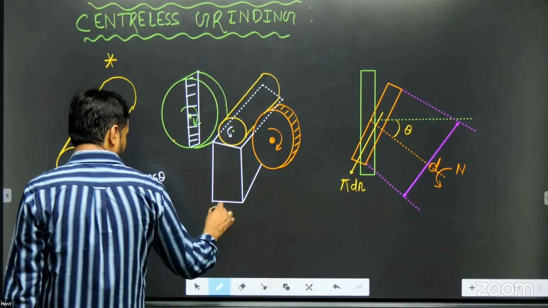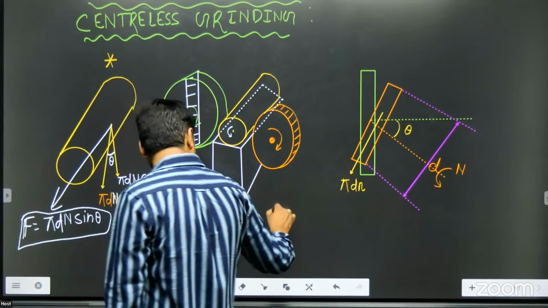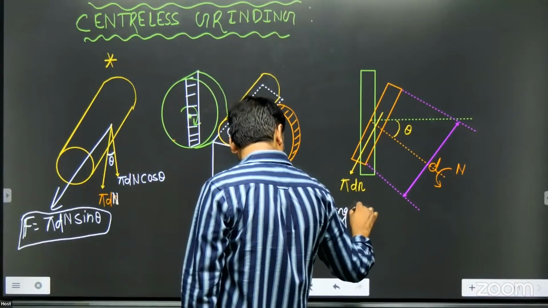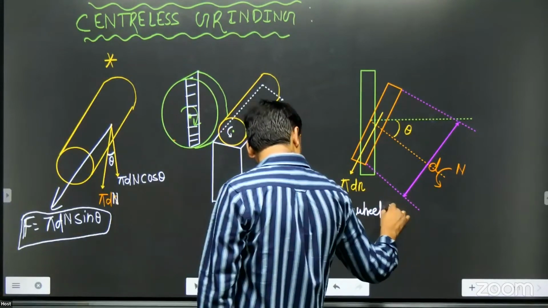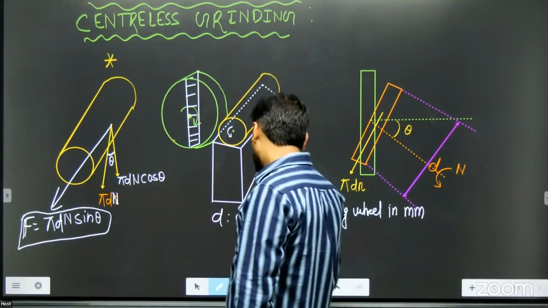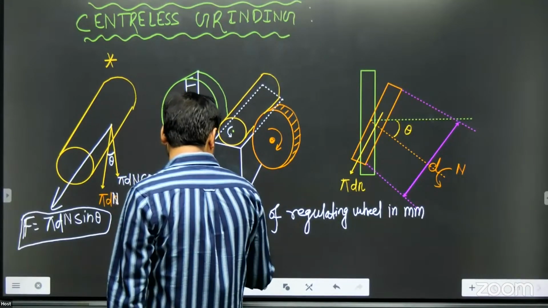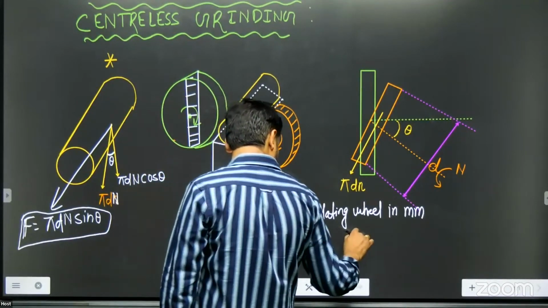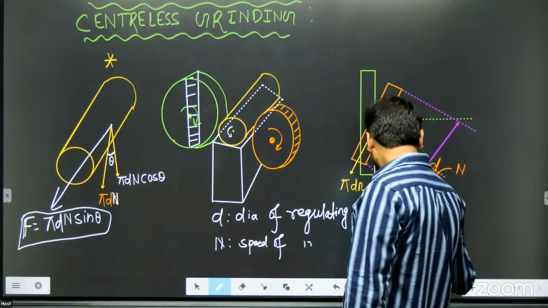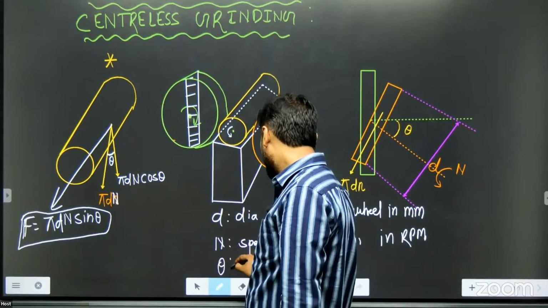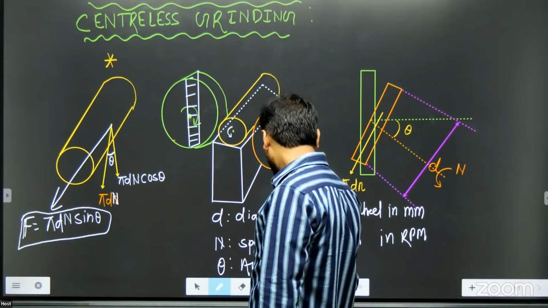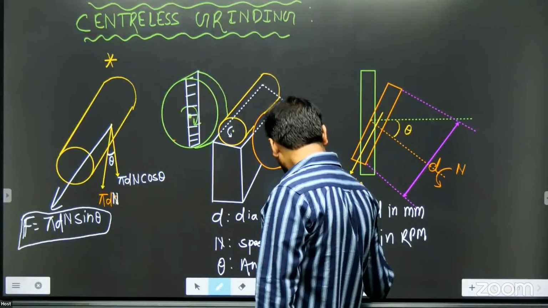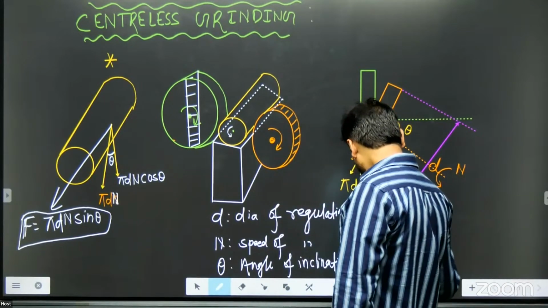So if you take D, diameter of regulating wheel in millimeter, and then n is the rotational speed of the regulating wheel in RPM, theta is the angle of inclination of the regulating wheel.